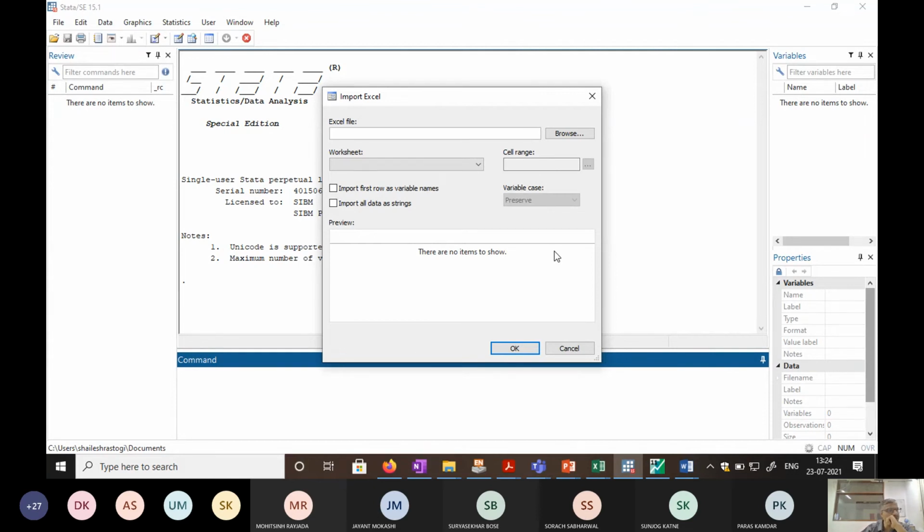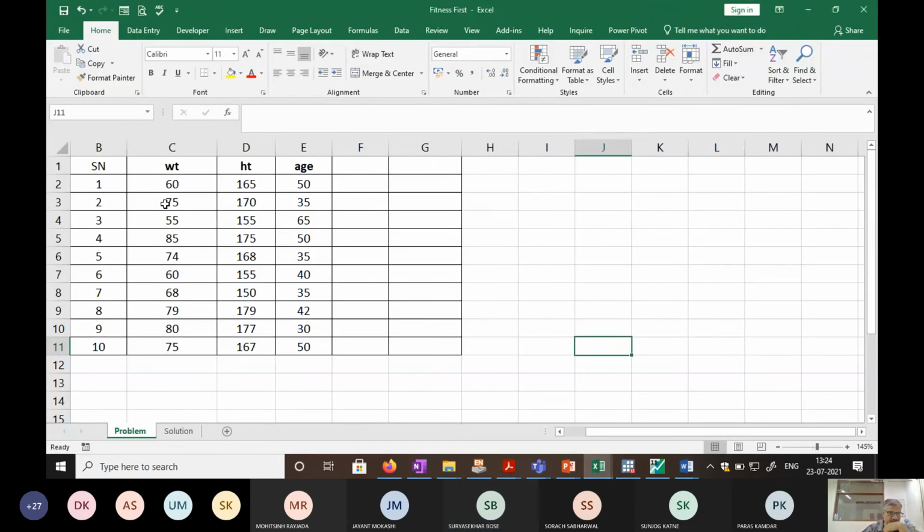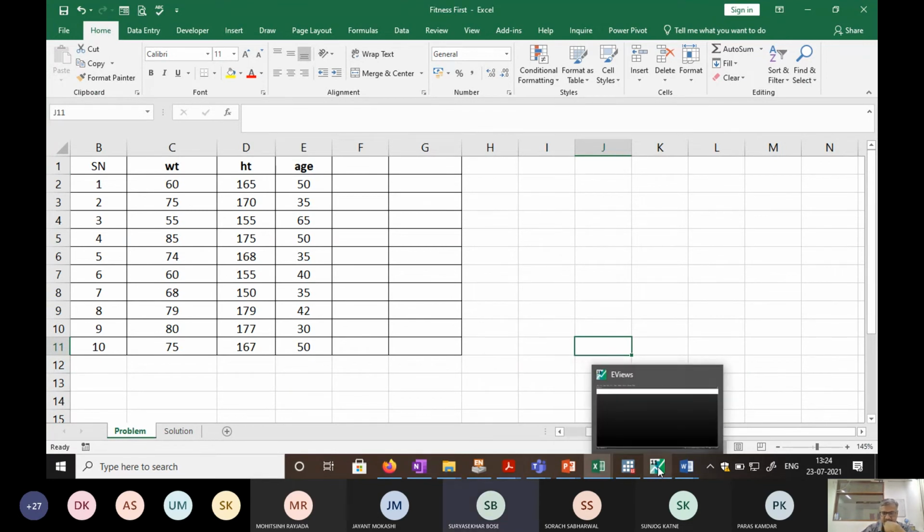Go to browse, and wherever you have this Excel file, it has to be in this format. I repeat, only the first row should have the field names and the rest should be data. If you have that, then you won't have any problem in getting access.